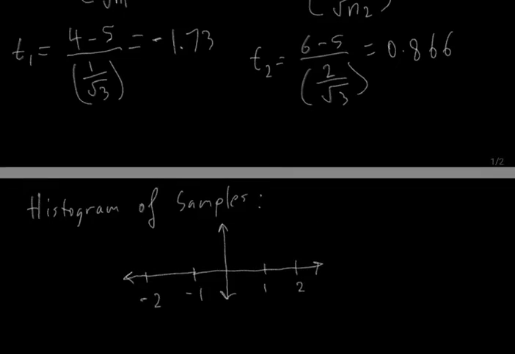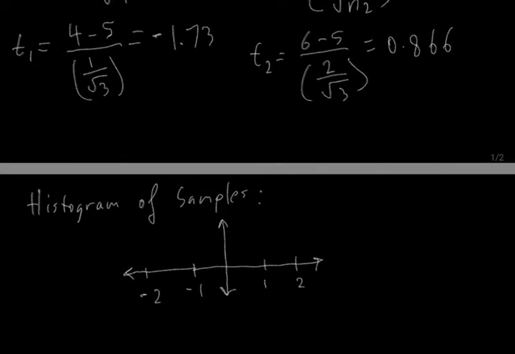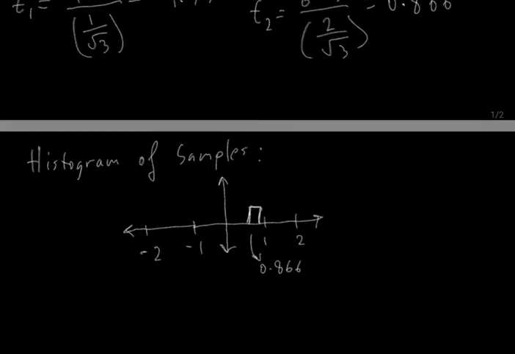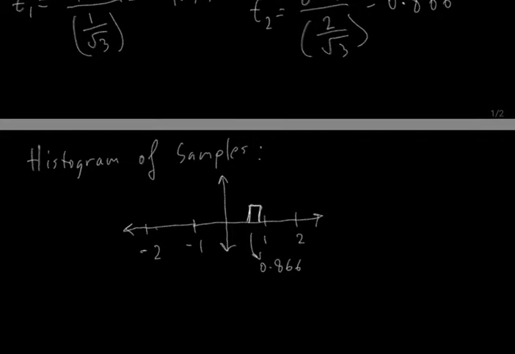So the first value, 0.86, we're going to just put that's right below 1, so right here. Just put a box. So this is 0.86, and then we have -1.73, which is, let's say, right here.